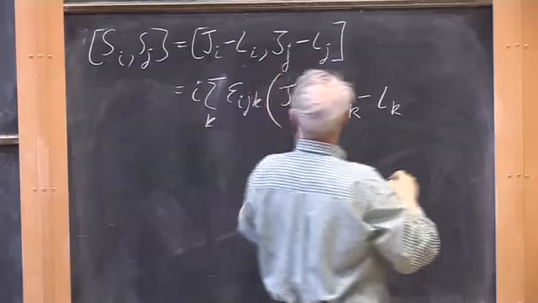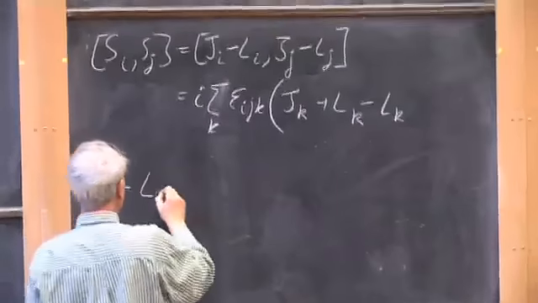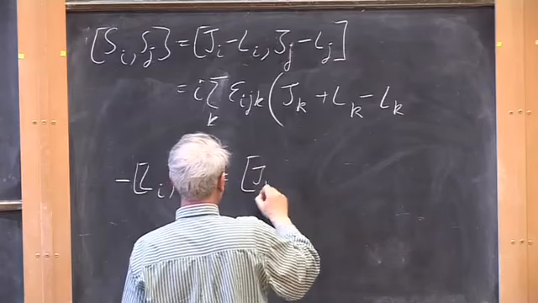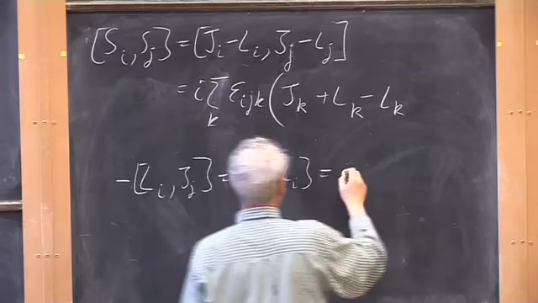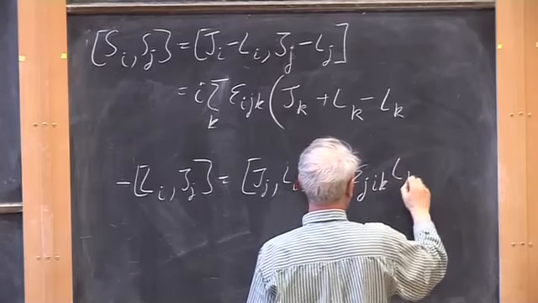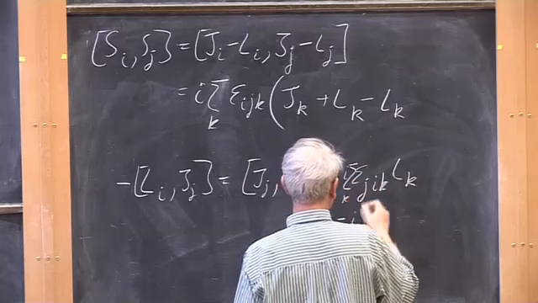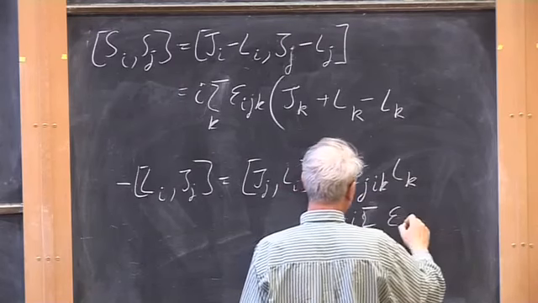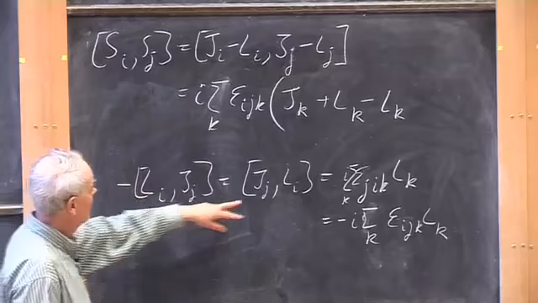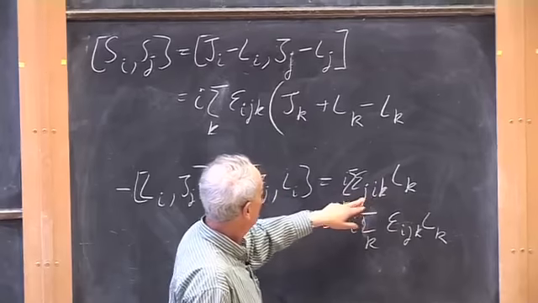We're looking at minus [Li, Jj] is equal to obviously [Jj, Li] is equal to i epsilon jik Lk, which is minus i epsilon, summed over k, the sum over k of epsilon ijk Lk.